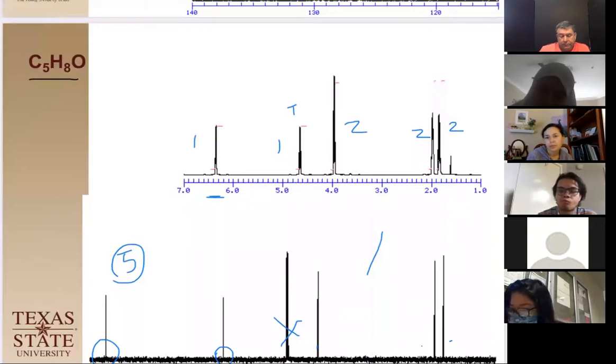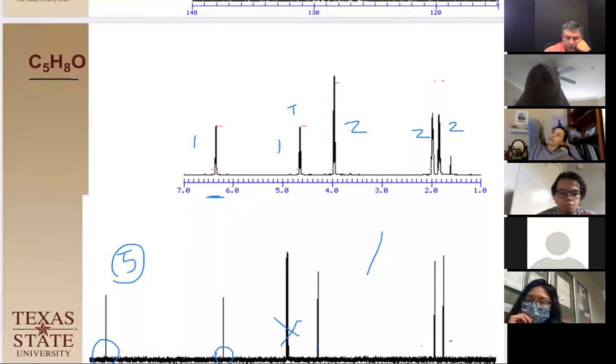Okay. And we don't have any methyl groups. So what do we have? We don't have a hydrogen deficiency. So we have to have something. Marvin's actually right. The deficiency index is 2.